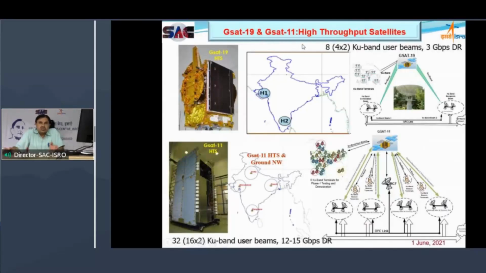Almost 1.5 years back, we launched this GSAT-11 high throughput satellite, which is one of the heaviest satellites ever built by ISRO. It weighs almost 4,500 kg, and because our launcher could not launch it from Sriharikota, we hired the Arianespace launcher from Kourou, French Guiana. It has been launched, and now it is covering the whole of India.